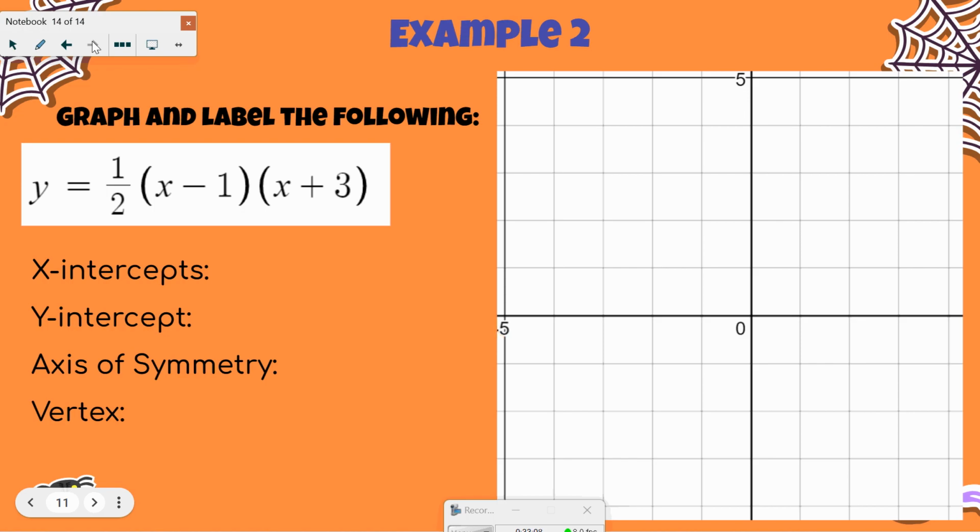All right, you guys, so looking at our equation, what are some things you're noticing about our equation? No right or wrong answers, just what are you noticing about that given equation? Anybody have any observations from our equation here?